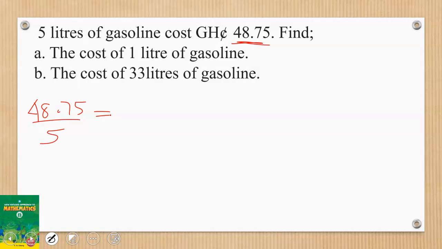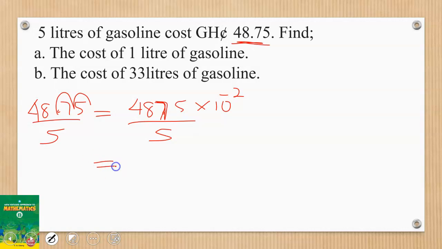I can convert this to 4875, meaning I'm going to move the decimal point 1, 2 places, which will be times 10 to the power negative 2. That negative 2 simply means it's being divided by 100. Now then divided by 5. I can do 4,875 divided by 5 easily because I just have to double 4875 and move the decimal point backwards once.